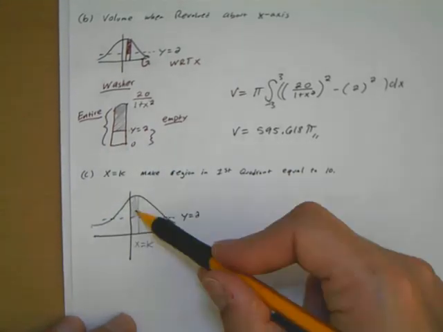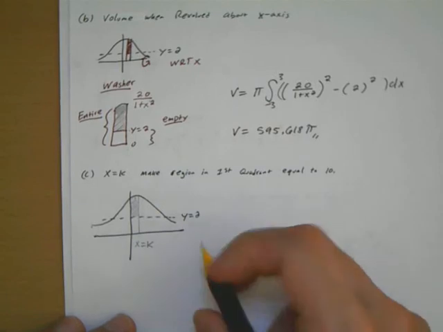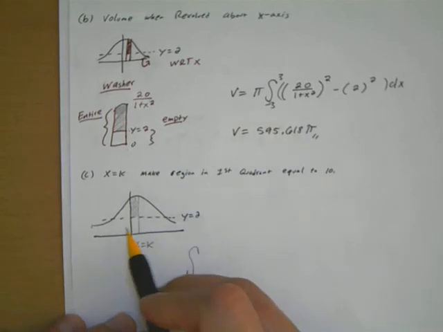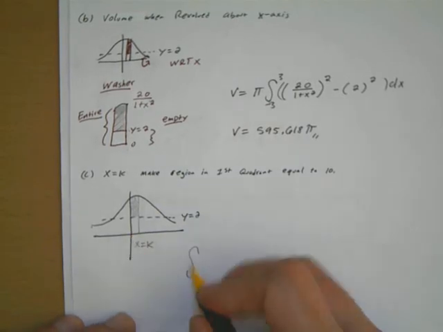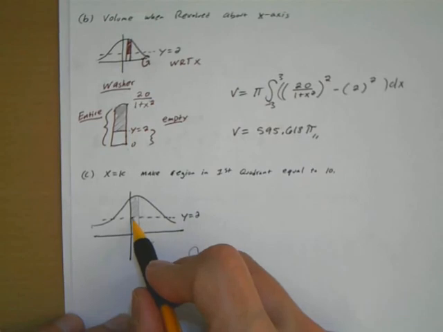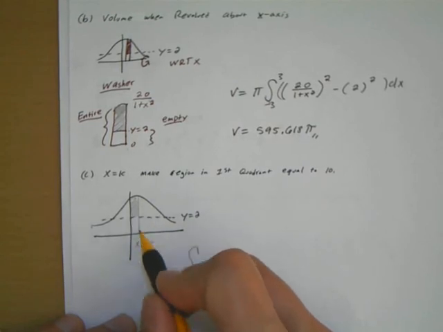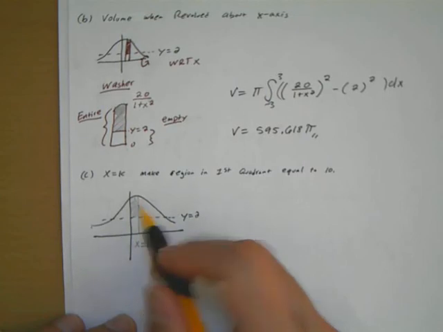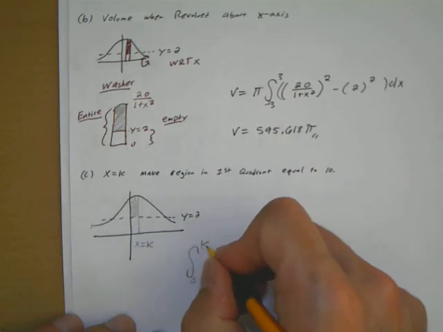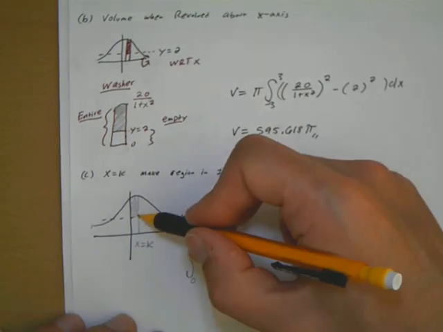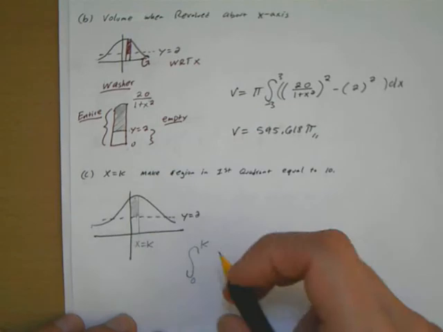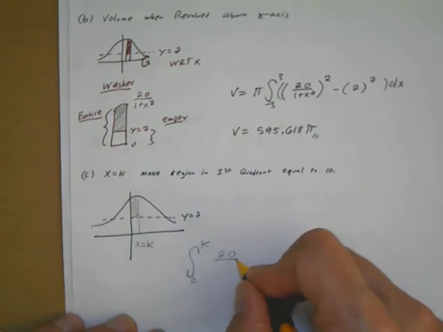So the integral of this would be, well, it starts at the x-axis, and it's going to integrate all the way until you get to k. So the vertical line k is where you're stopping your integration, so that's going to be your upper limit. And then in this region you still have the top minus the bottom. You still have 20 over 1 plus x squared minus the bottom, which is 2.